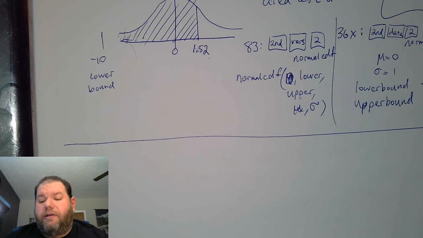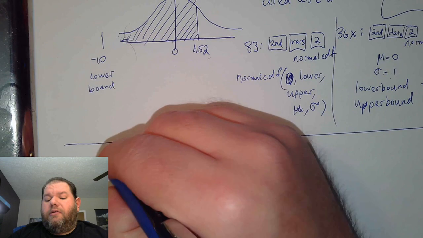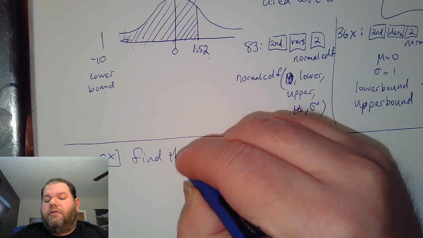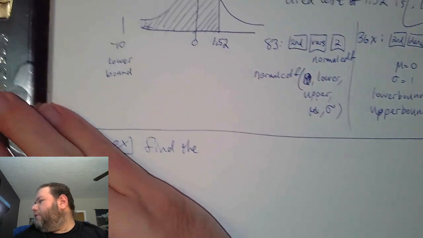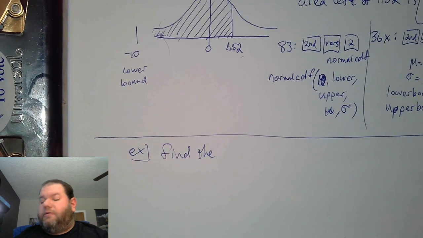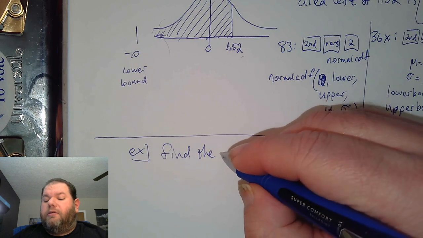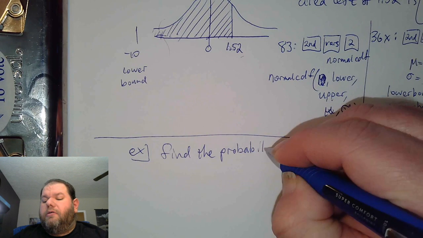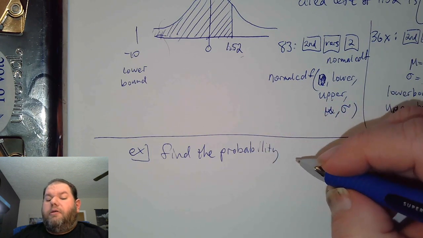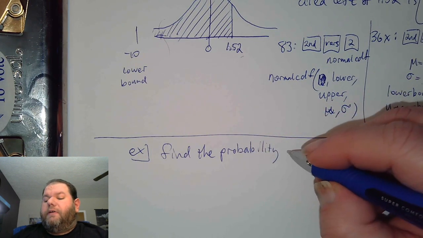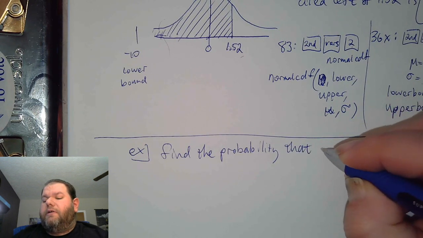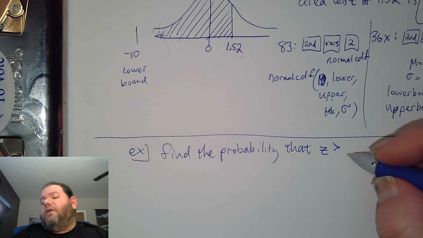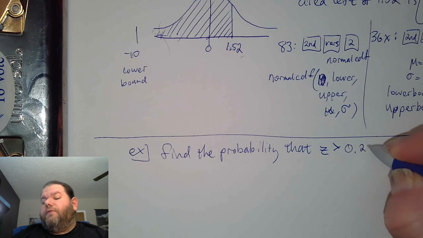Okay. So let's find the probability that z is greater than, this time, 0.24.